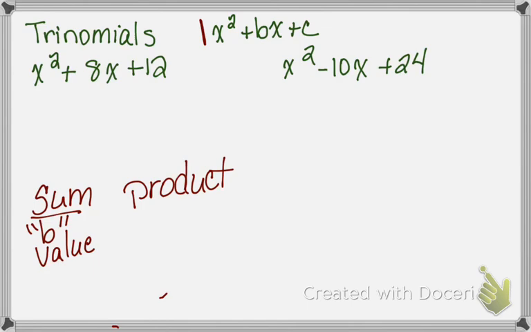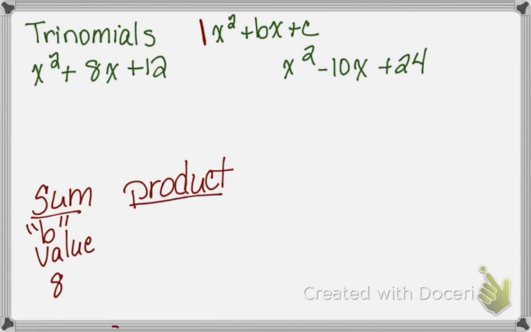So in x squared plus 8x plus 12, what's my b value? What's in front of my x to the first power? 8. Okay? So my sum, what I'm looking for when I add two numbers together, is 8.